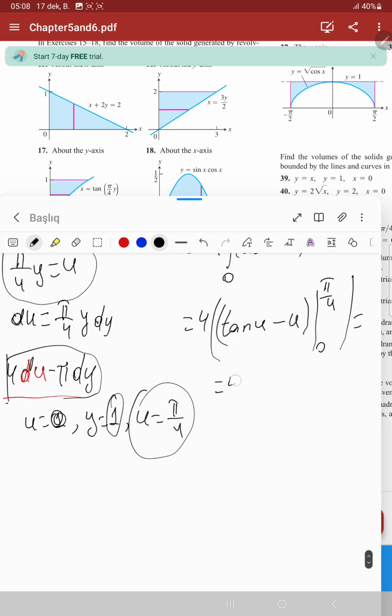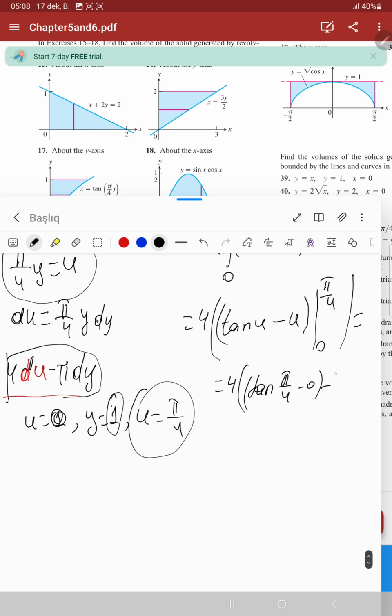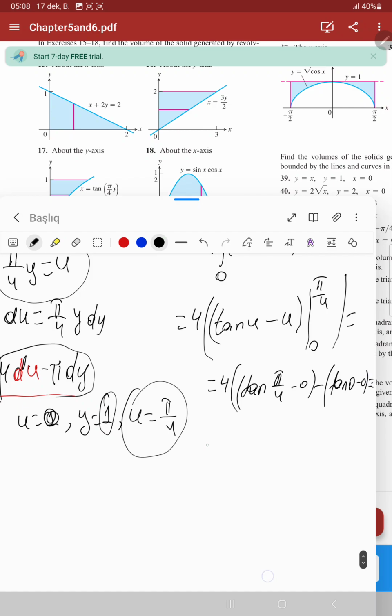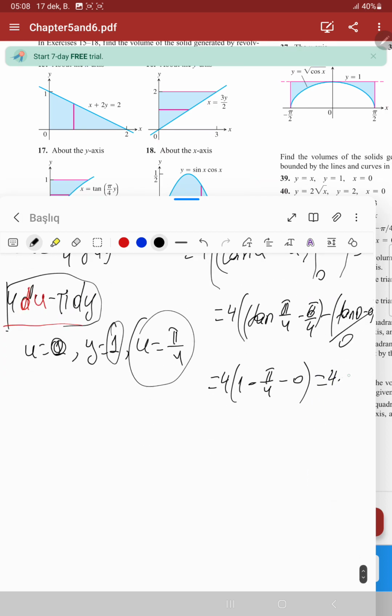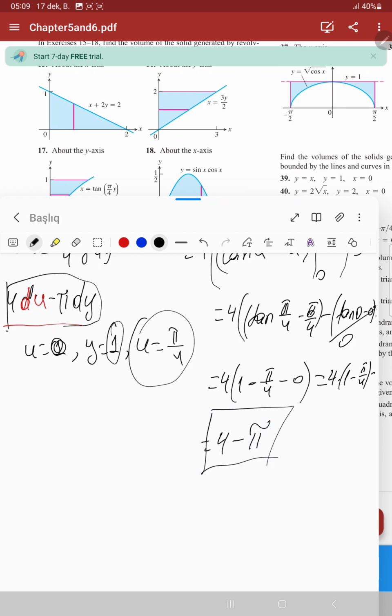Let's solve it. 4 times tangent pi over 4 minus tangent 0, minus pi over 4 minus 0, equals 4 times 1 minus pi over 4, which equals 4 minus pi. That's it.